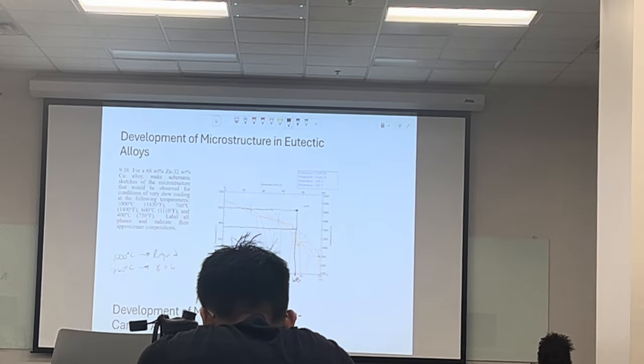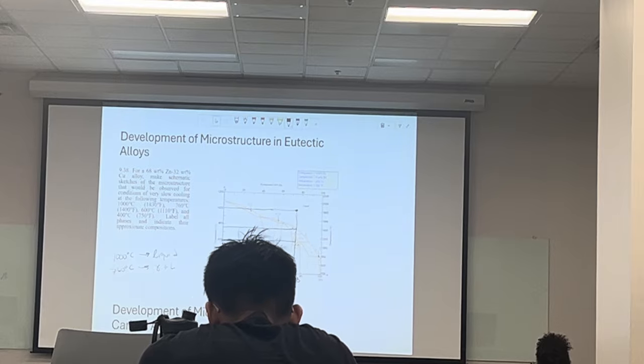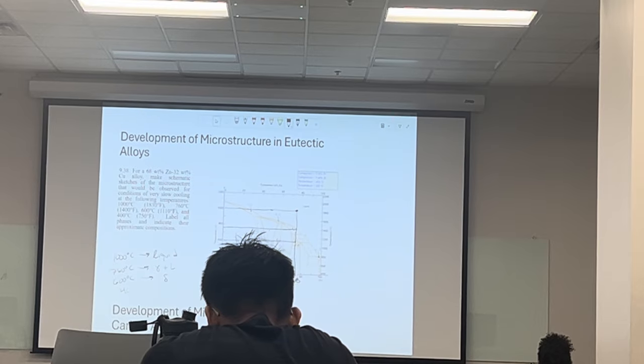And then you kind of see how it's going. Over here, that looks like the delta phase. And then the last one they gave us was 400, and that's what they call the gamma plus epsilon phase.